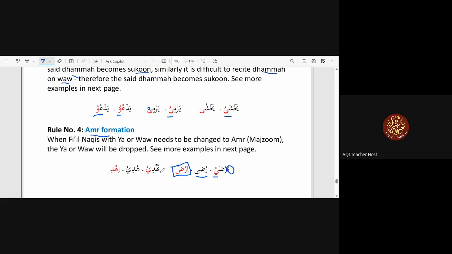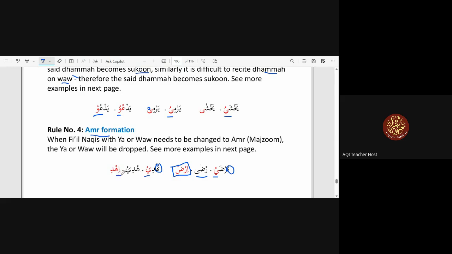Another example here, tahdi. Similarly, alamat al-mudari drops, and then ya gets sukun, so it's difficult to pronounce.